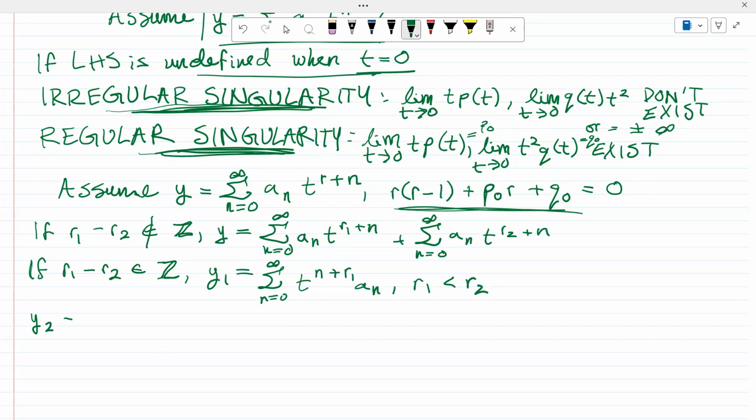And we say that y2 is equal to a ln t times y1 plus the series from n equals 0 of some sequence Cn in terms of r2, times t to the n plus r2.